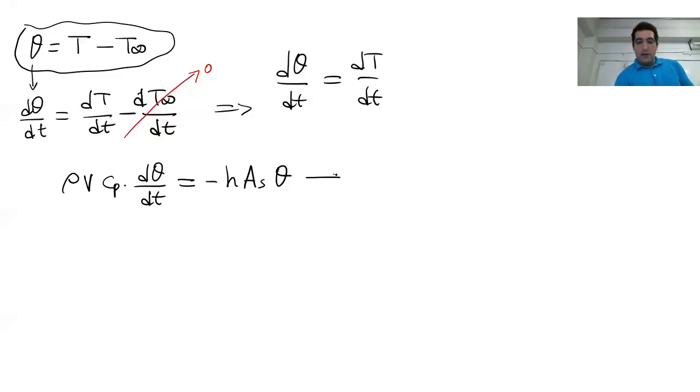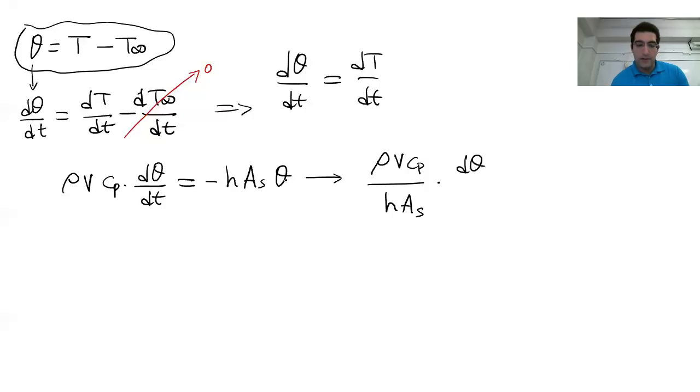Now, in order to solve this, I'm going to separate variables, theta and time, and then integrate. So I'm going to keep rho V Cp on the left-hand side, bring the h and the surface area to the left as well, and keep d theta.